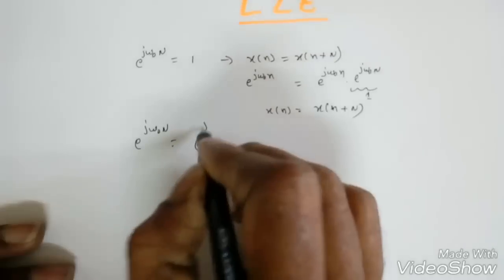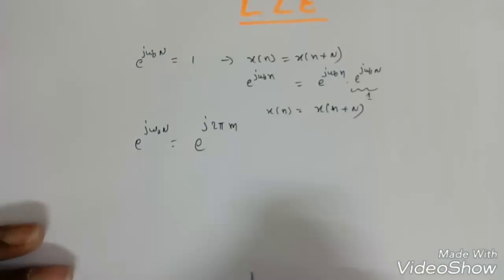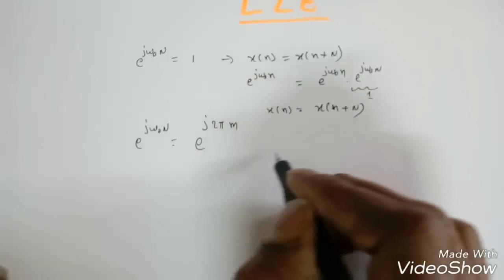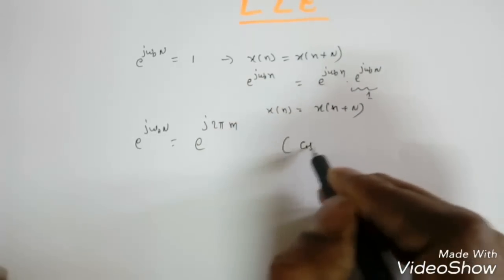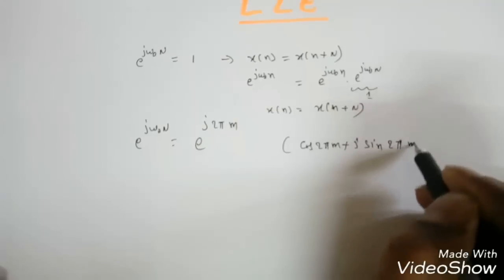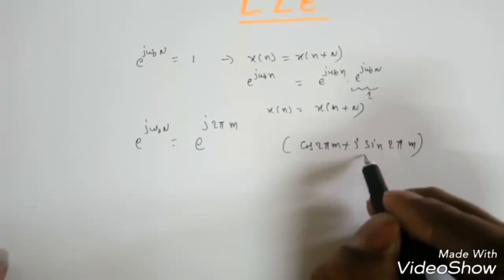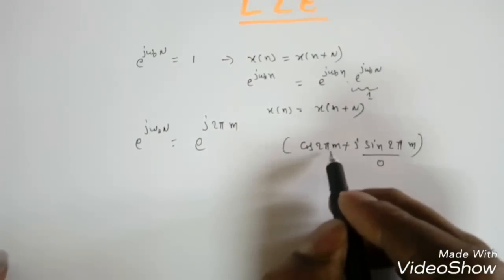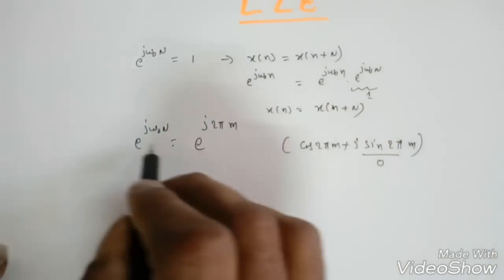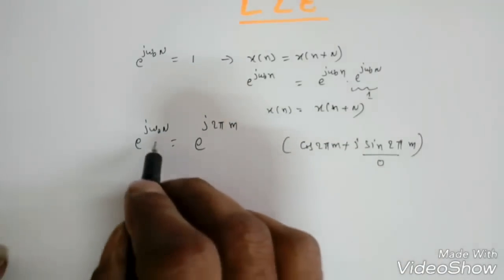If I replace it with e power j 2 pi m, m an integer. Now e power j theta can be replaced by cos theta plus j sin theta, so cos 2 pi m plus j sin 2 pi m. Now for any value of m, the sine will become 0, but here m is equal to 1, 2, etc., so it should be in integer form.